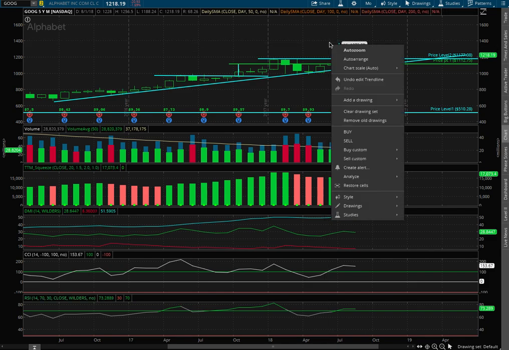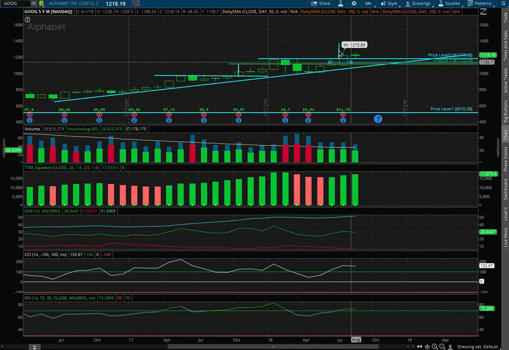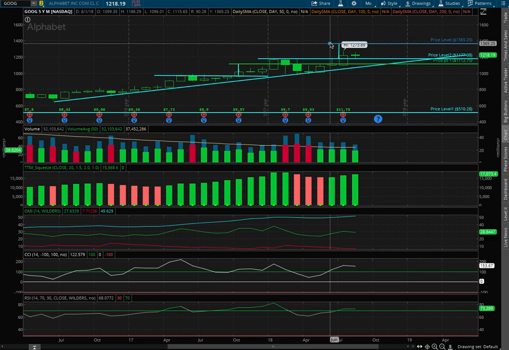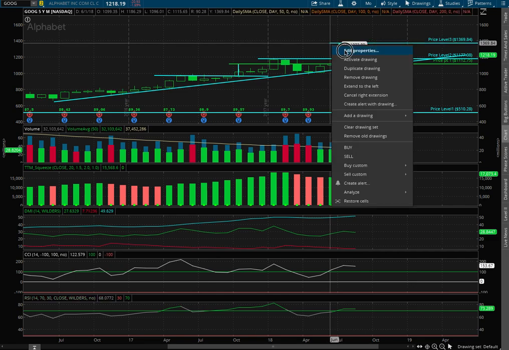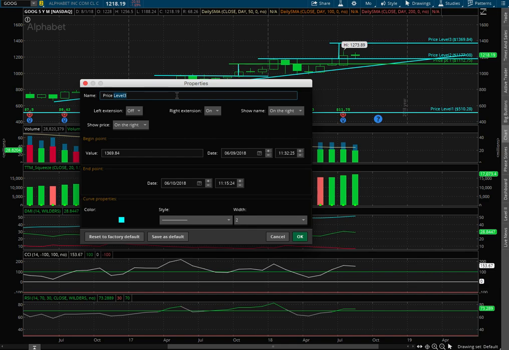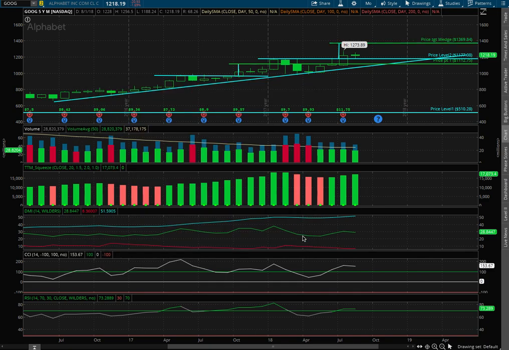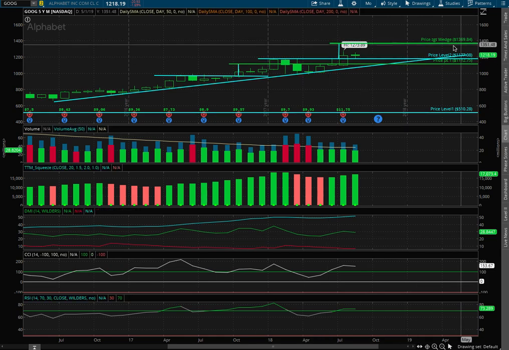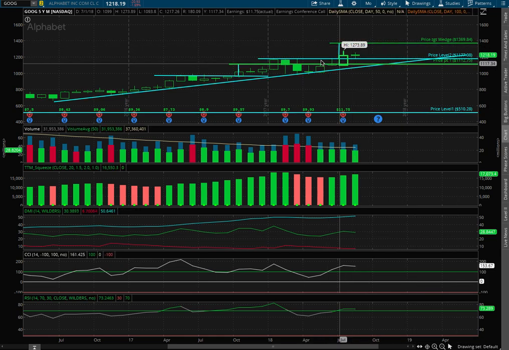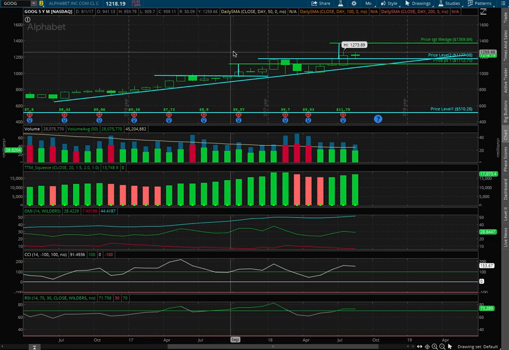Okay. So price target for the wedge is going to be 1370 on Google Class C.